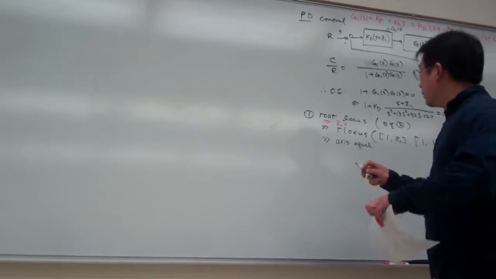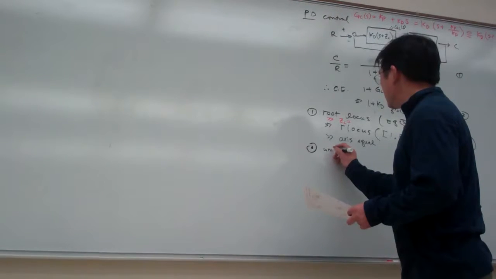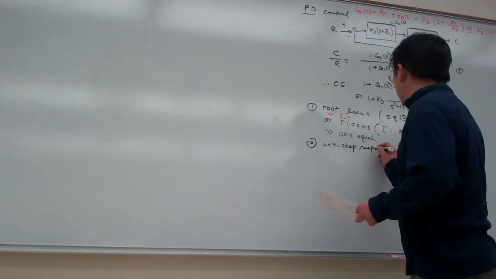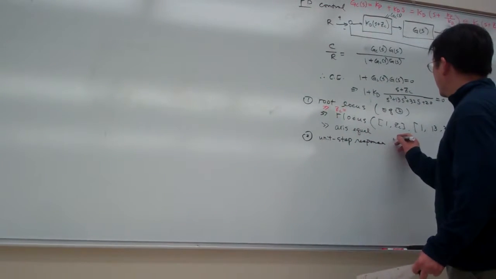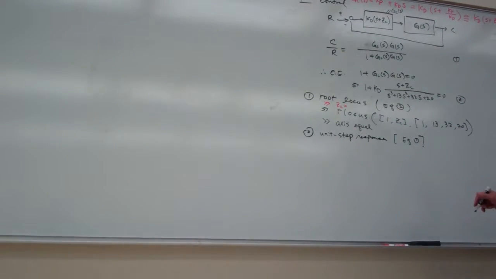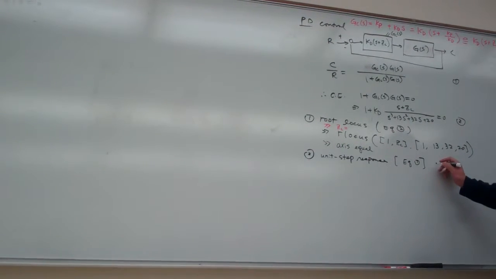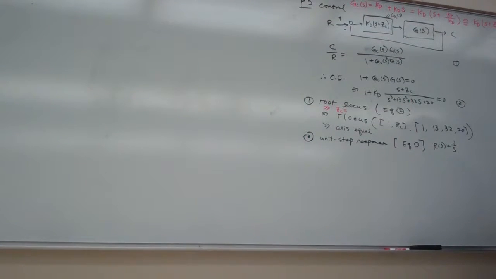And then the second one we want to know is the unit step response. For the unit step response, that is based upon equation 1, because from the unit step response we want to calculate for R(s) equal to 1 over s, right?